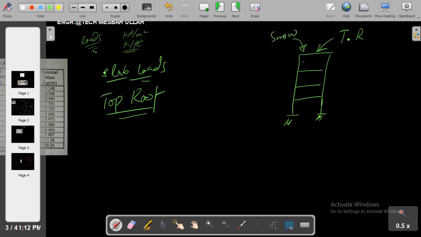Snow loading is not present over the intermediate floors, and here you can also see asphalt covering. There we will also sometimes use earth filling, so that loading is absent over the intermediate floors. That is why the roof loading is different from the intermediate. Let's say we are using a 125 mm thick slab.